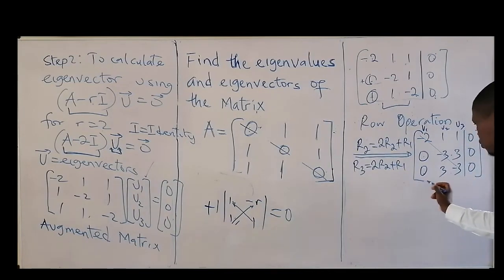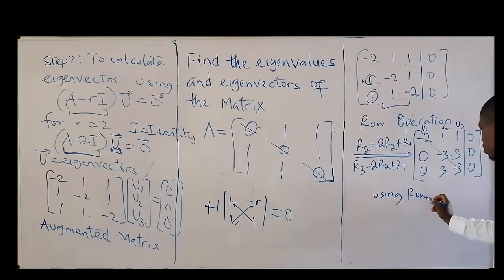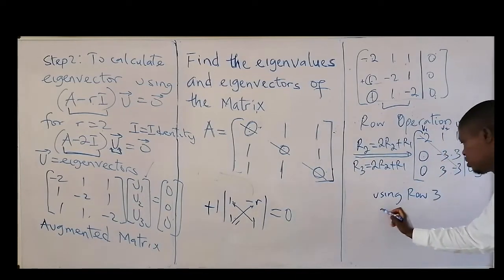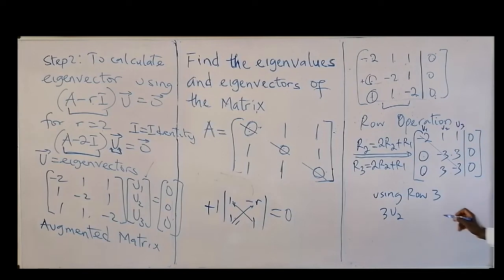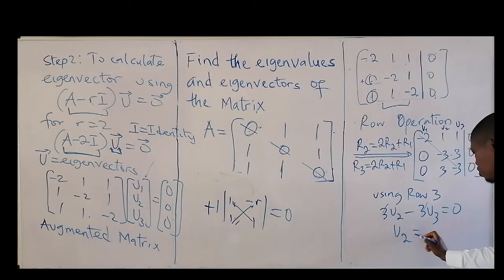So using the third row, that will be 0 times U1, that one is 0, then 3 times U2, 3U2, then minus 3 times U3, minus 3U3 equal to 0. 3 we cancel out.